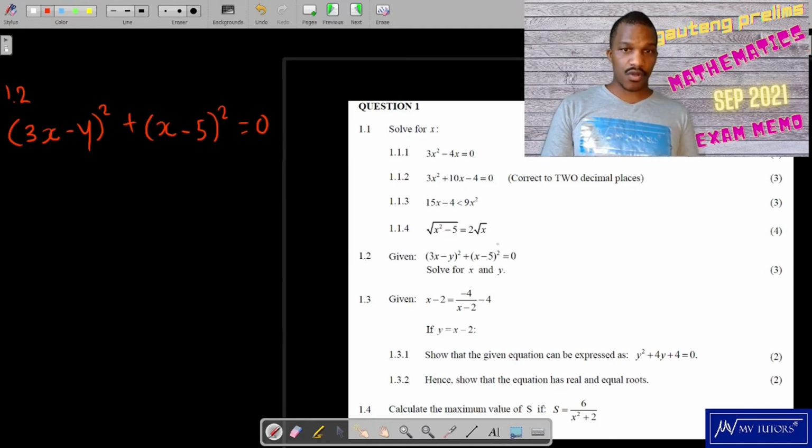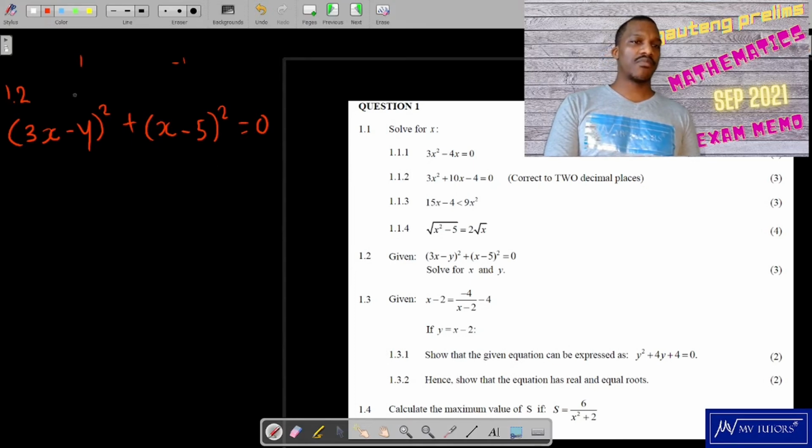And then it says solve for x and y. Now, if these are going to equal 0, the only way they can equal 0 is if this one is positive, let's say positive 1, and then this one must be negative 1. But that gets too complicated.